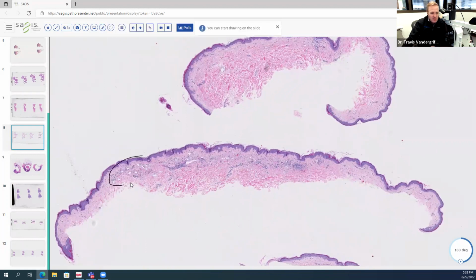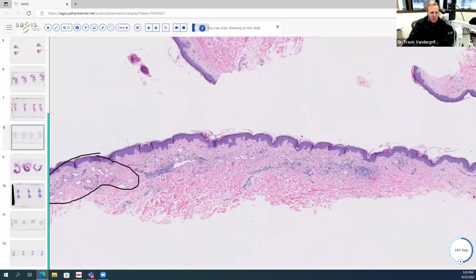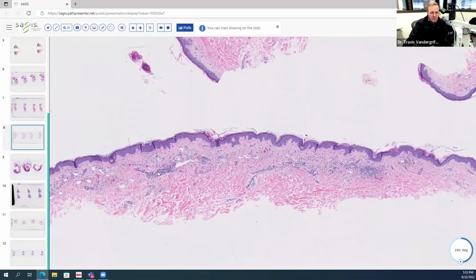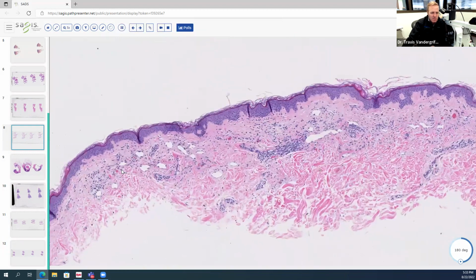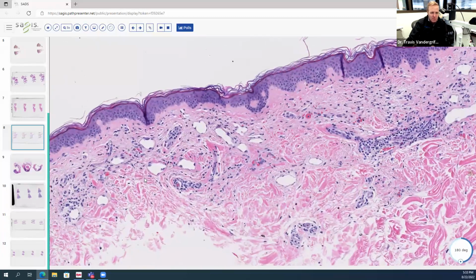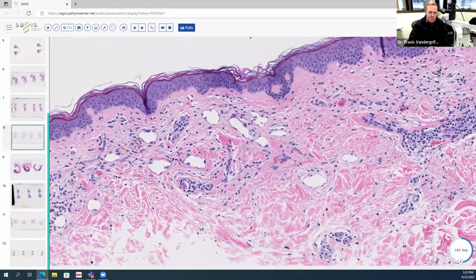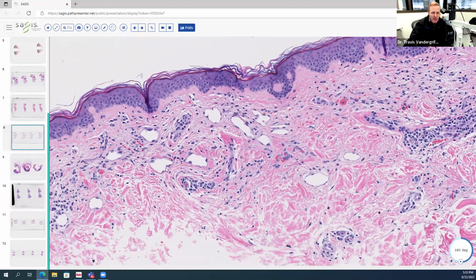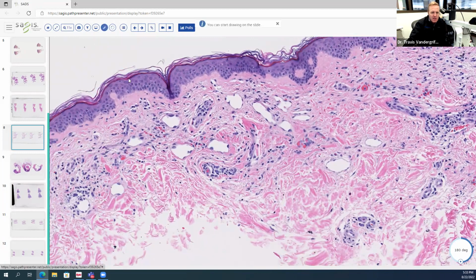So all of these little luminal spaces in the dermis represent the neoplasm in question. And it's usually blood vessels that create these luminal spaces. So we want to come on higher magnification and really confirm that and inspect. So I'm seeing a vascular proliferation. There is an increase in the density of vessels.